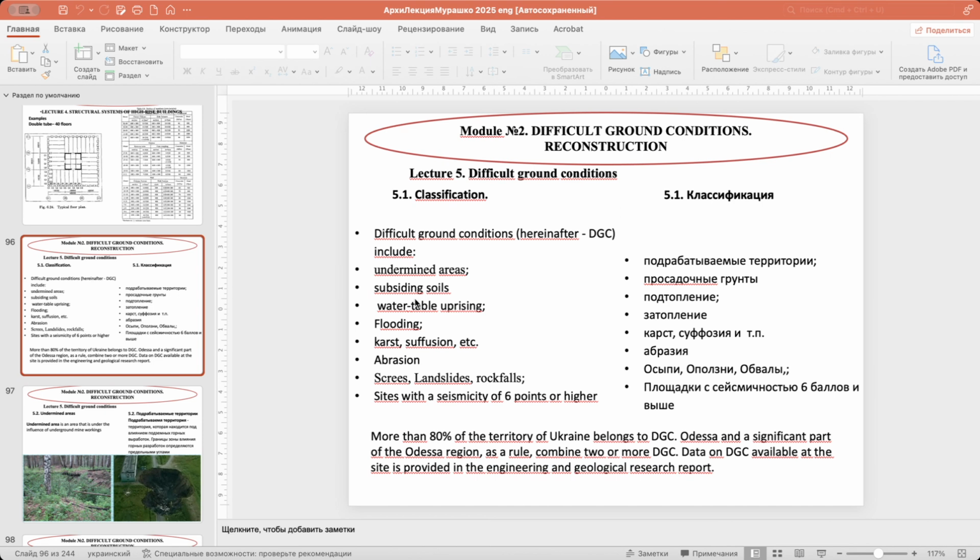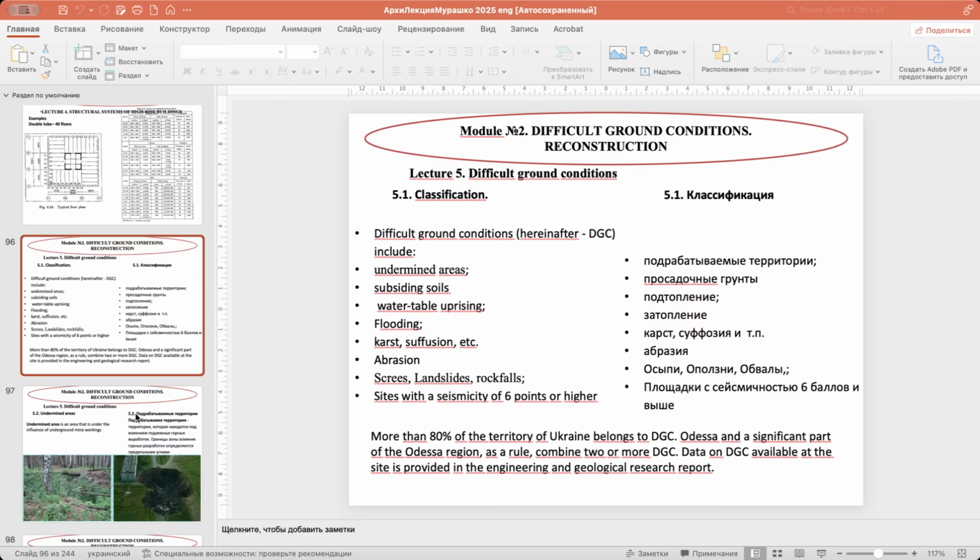So, step by step, we will consider all difficult ground conditions like undermined territory, subsiding soils, water table uprising, flooding, karst, submersion, abrasion, screes, landslides, rock falls, and also sites with a seismicity of 6 points or higher. That is earthquake engineering, and we will consider it as part of this course.